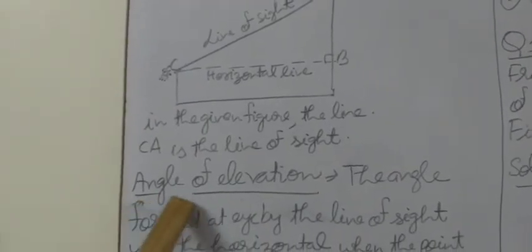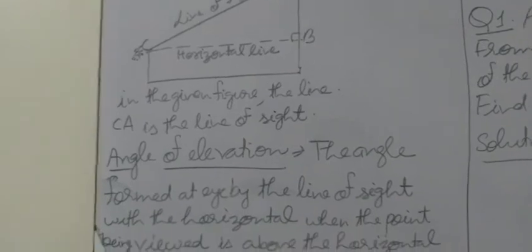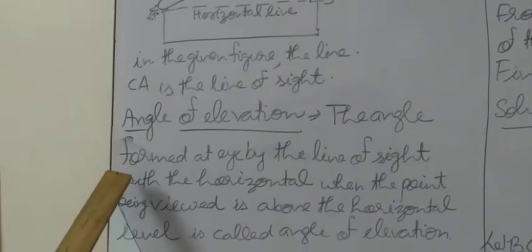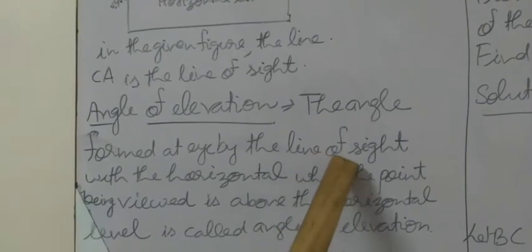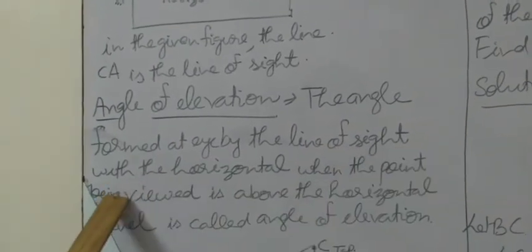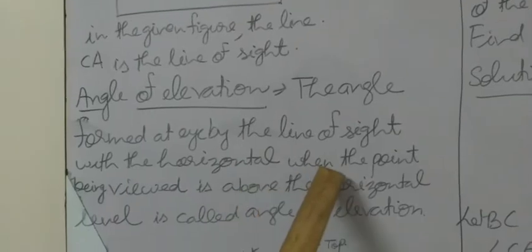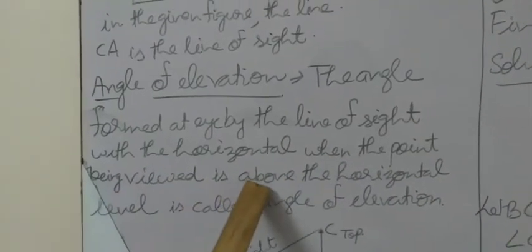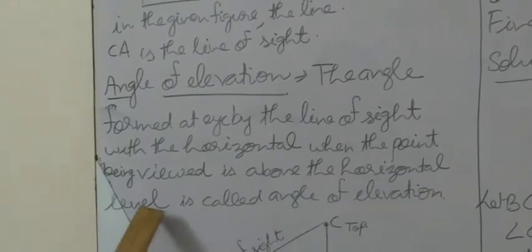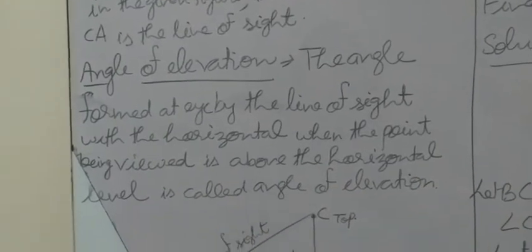Now students, angle of elevation. The angle formed at the eye by the line of sight with the horizontal, when the point being viewed is above the horizontal level, is called the angle of elevation.